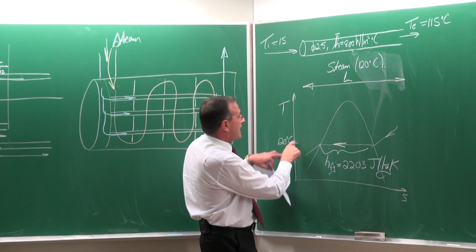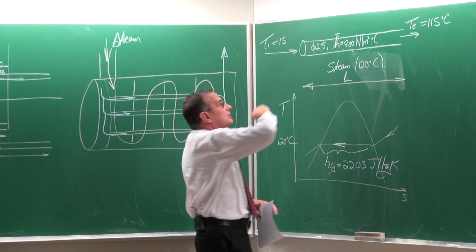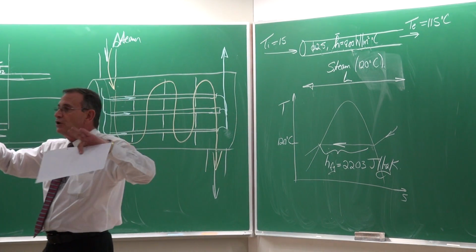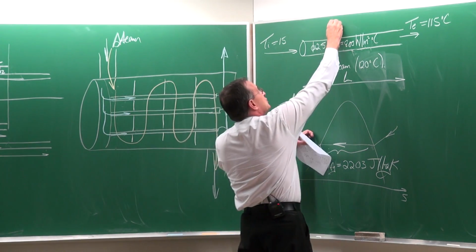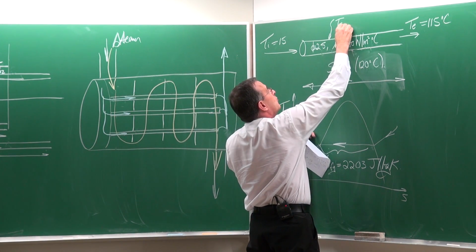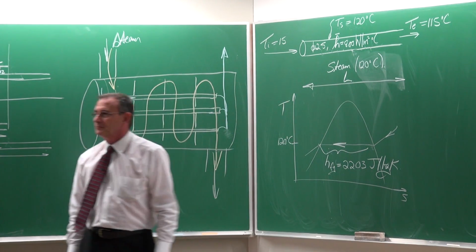So this happens at 120. If you imagine that tube now, which is being exposed to the steam, it will mean that the surface temperature everywhere is 120 degrees Celsius. You agree?